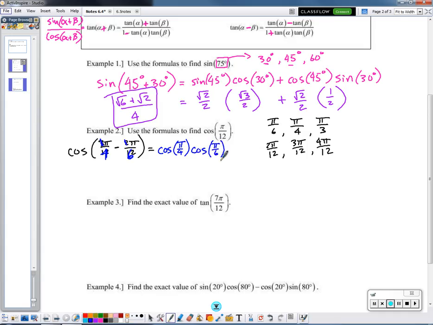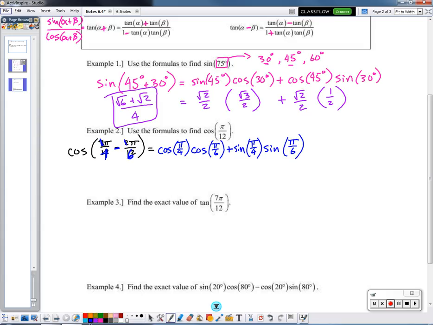Minus is really going to be a sum when it comes to my formulas. I can check that from above. Plus the sine of pi over 4, and then this is going to be the sine of pi over 6. And again, just to remember, I'm going to look for those values in my first quadrant.